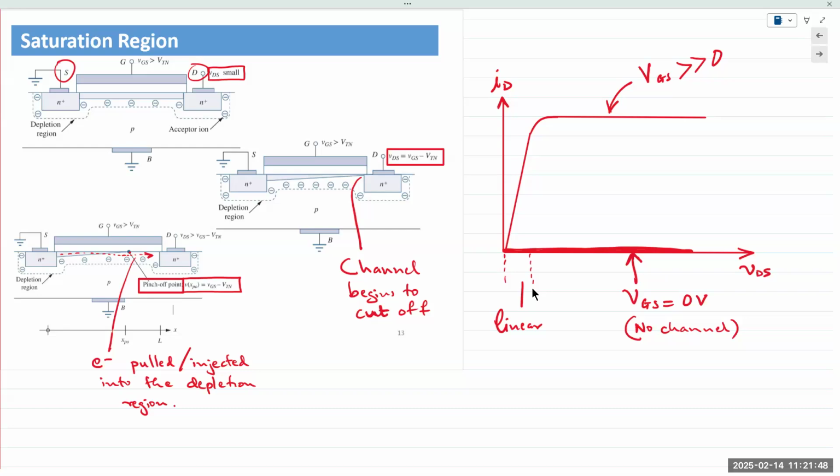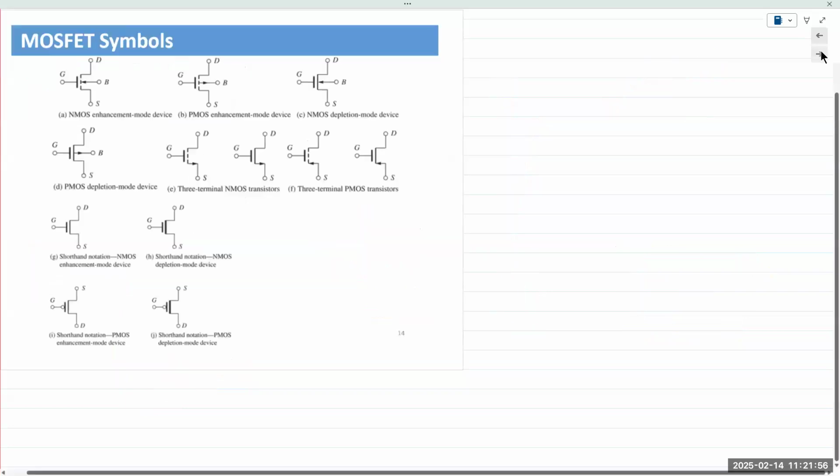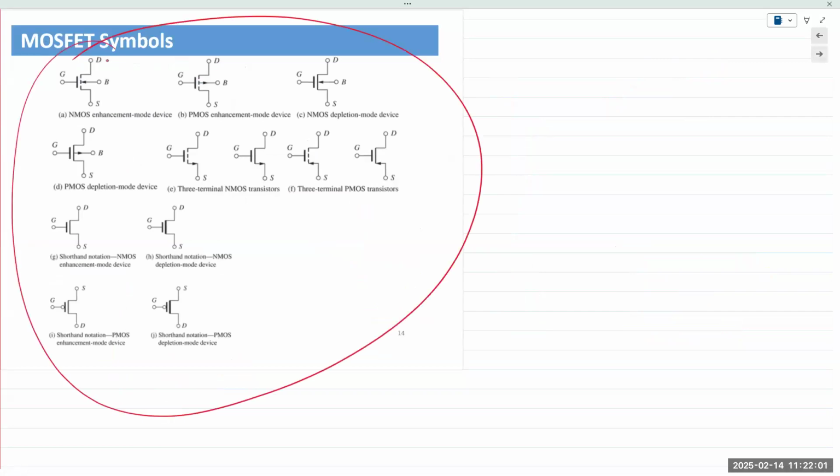Anyway, that was the last slide. Well, actually, there's one more slide, with different kinds of symbols of the MOSFETs on here. So it's just a summary. When you take a look on your own time outside of class, these are the symbols that you students must become familiar with. Not all of them, but at least the primary ones, right?